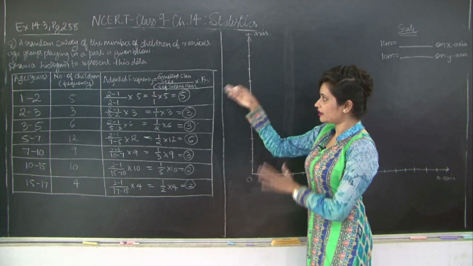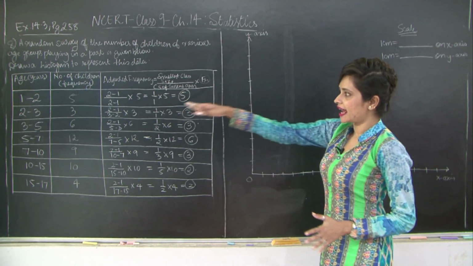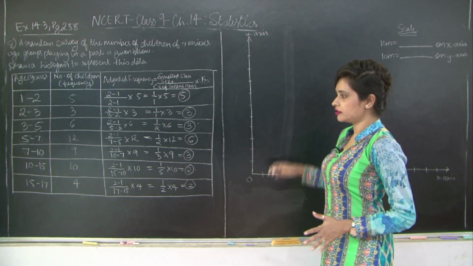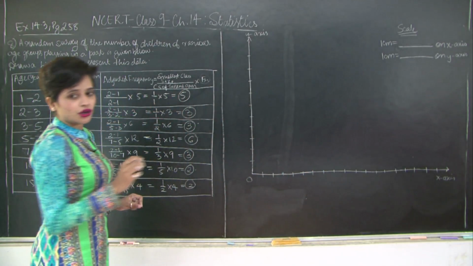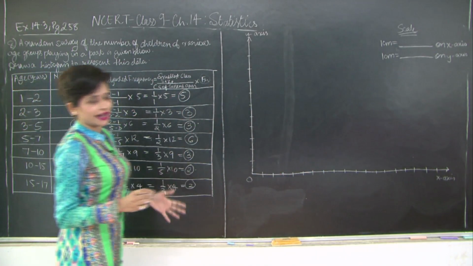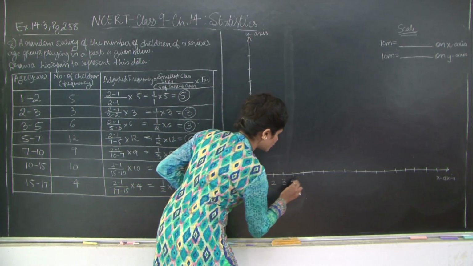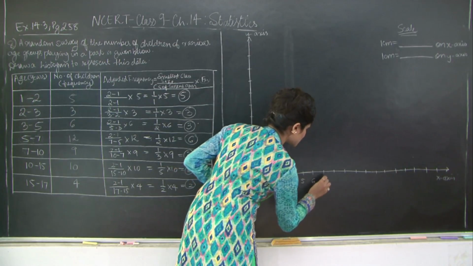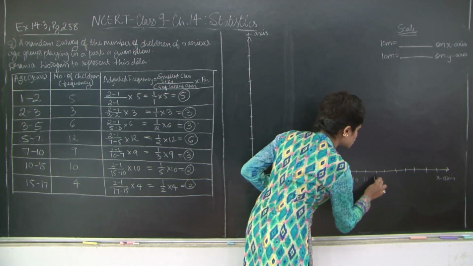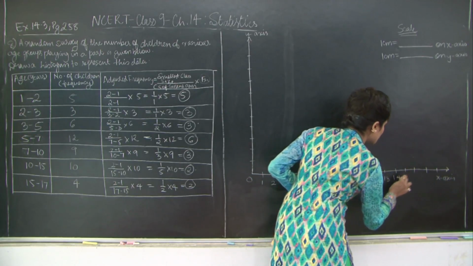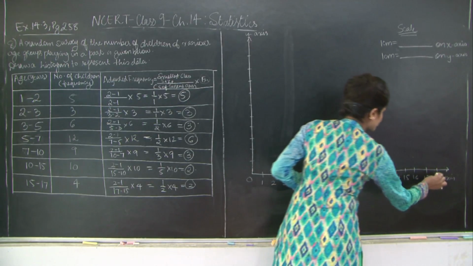So now we have these frequencies on the y-axis and the class intervals on the x-axis. So let's get started. I'm going to take a difference of unit of 1 on both the axes. So 1, 2, 3, 4, 5, 6, 7, 8, 9, 10, 11, 12, 13, 14, 15, 16, 17 and so on, and 18.